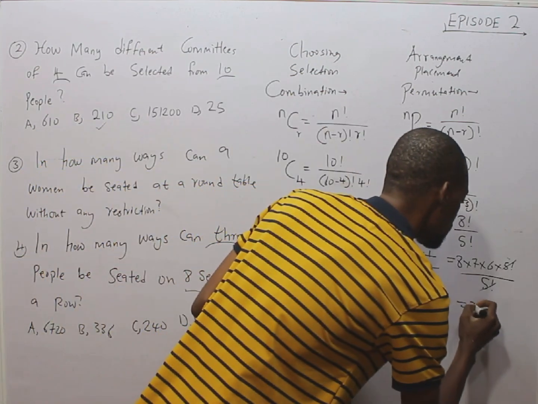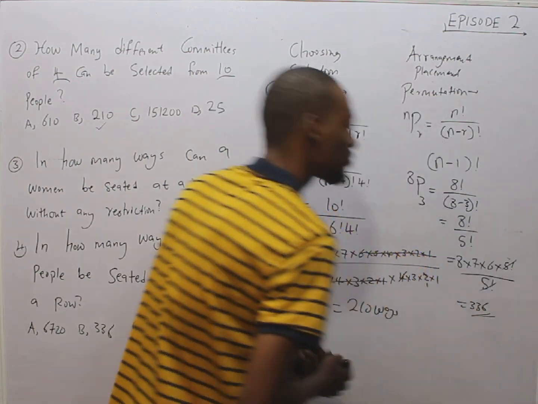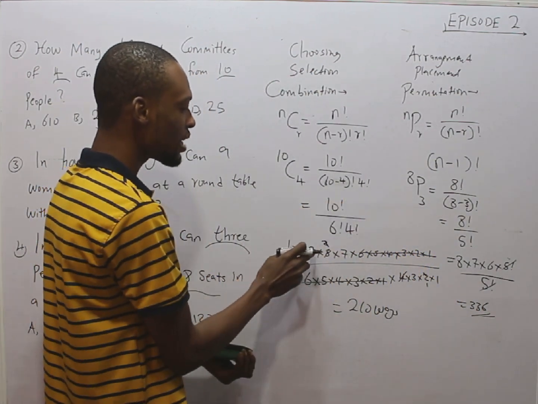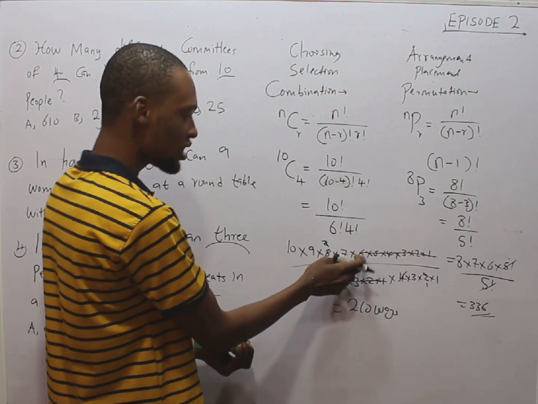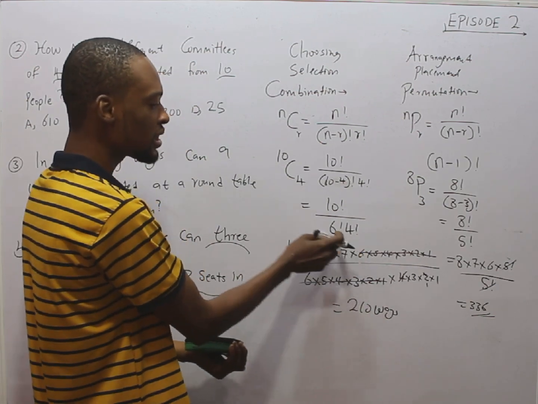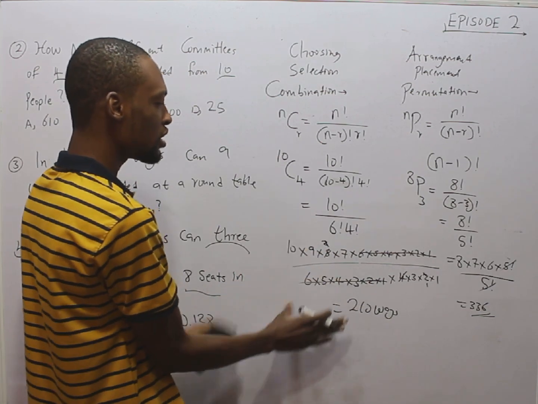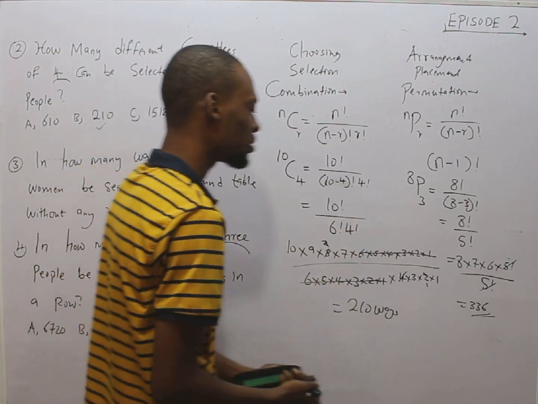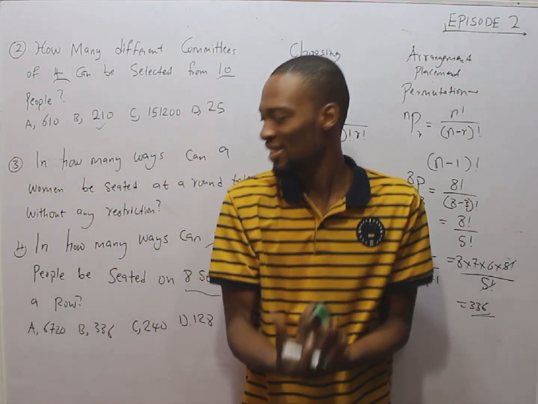That should give you 336. We can actually do that here as well. 10 factorial is 10 times 9 times 8 times 7 times 6 factorial. 6 factorial will simply cancel 6 factorial. You are left with 10 times 9 times 8 times 7 all over 4 factorial. So it makes life easy.